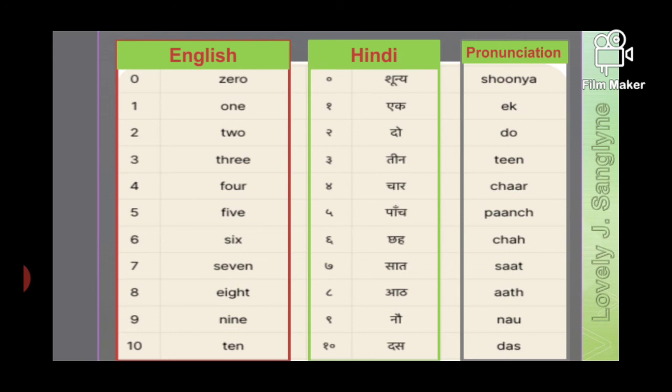So let's read again one more time. शून्य, एक, दो, तीन, चार, पाँच, छः, सात, आठ, 9, 10.